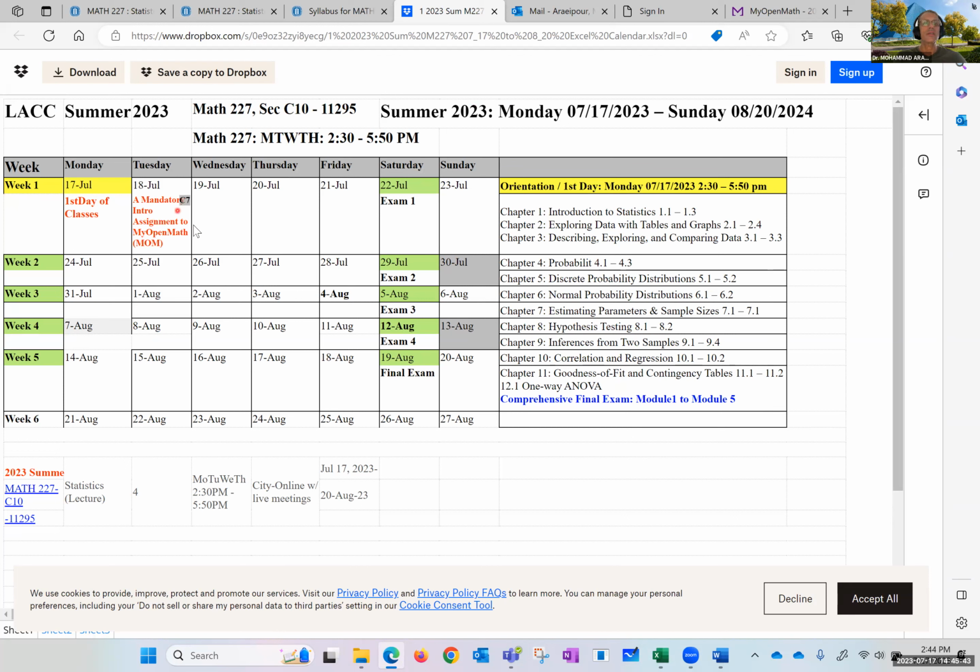And we have this introduction to MyOpenMath. I'm going to refer to it as MOM from now on, which is due immediately because you need to get familiar with the course. And for example, the first exam is just this Saturday. It's around the corner.